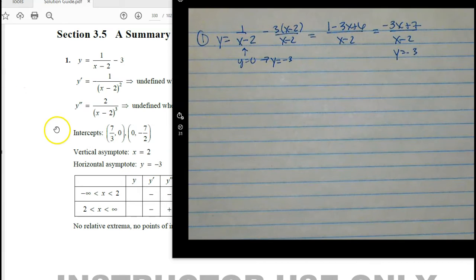That's good. You can find the y-intercepts by solving this. We've got x-intercept here, x-intercept here, y-intercept here. But they didn't label them, they just put them in one list.